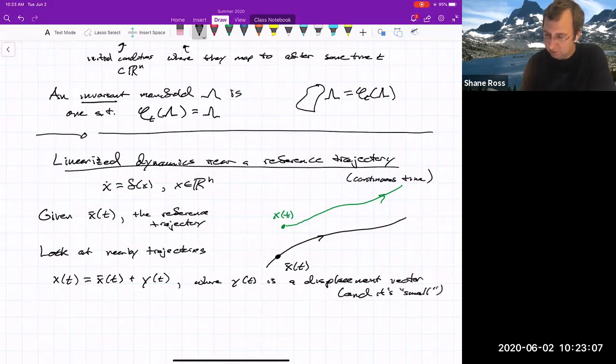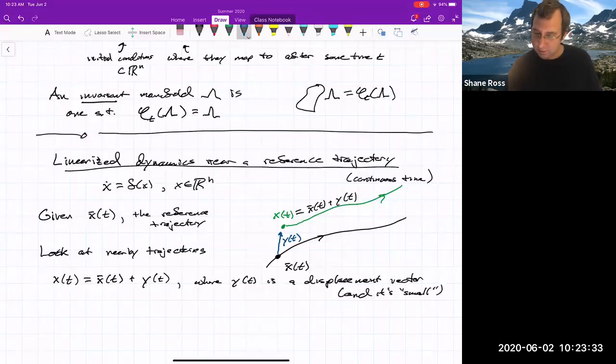It needs to be small so that we're looking at nearby trajectories, in the neighborhood of our reference trajectory. So here is the displacement vector. So x of t is x bar of t plus y of t. Then if we were to look at different moments in time, we'd have different y of t.